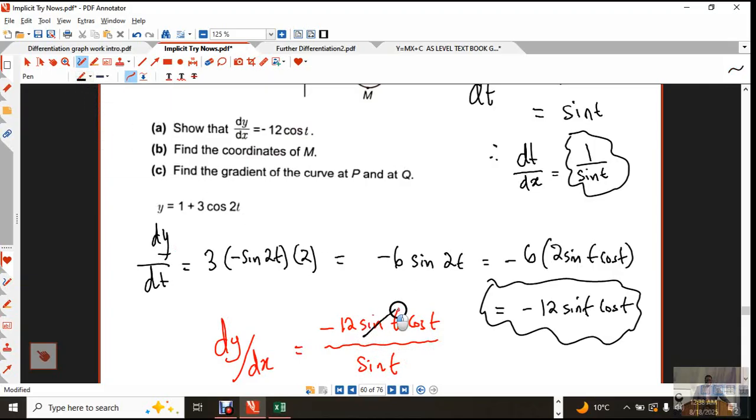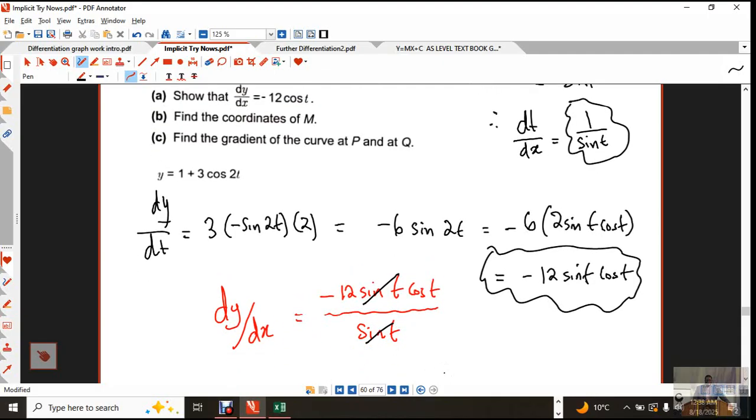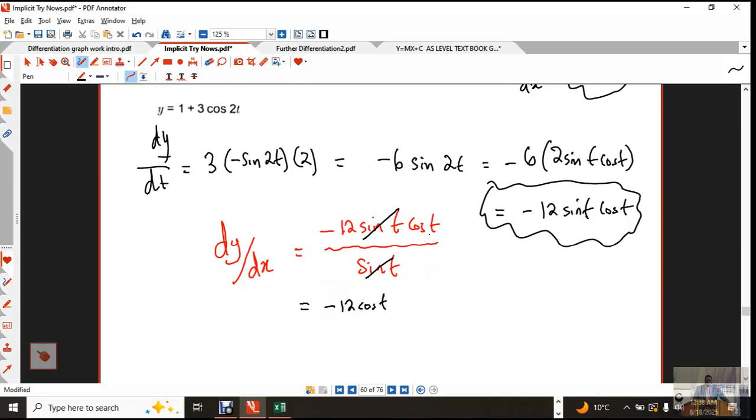It gives us that sine t is cancelled, and at the end of the day, you're going to be left with minus 12 cos t. So the correct answer then is minus 12 cos t. This is what we needed to find, so we are on the right path. Okay, good. So this is dy dx.